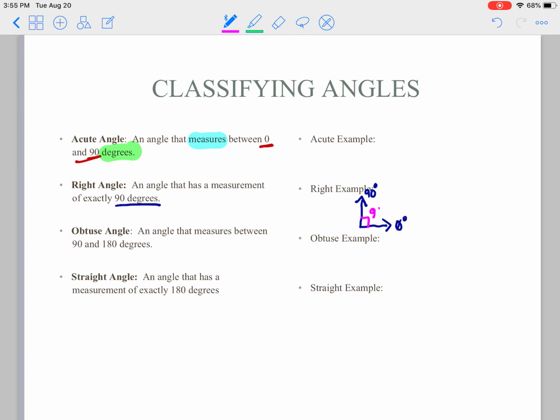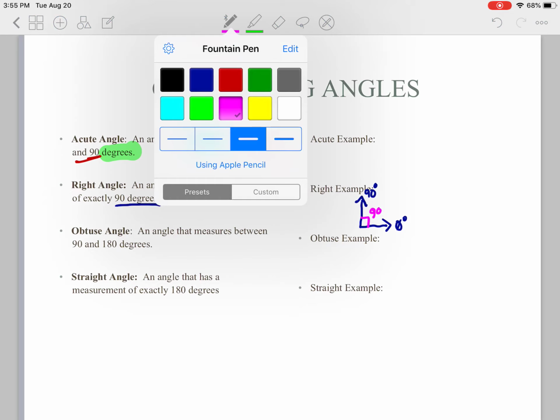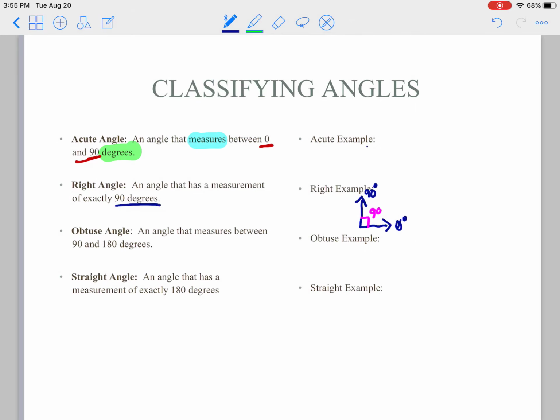If I wanted to draw an acute angle, it has to be smaller, and it could be any value less than 90. So if my 90 degrees were right here to make a right angle, the other side of my angle must be inside of that 90 degrees to make a smaller angle.